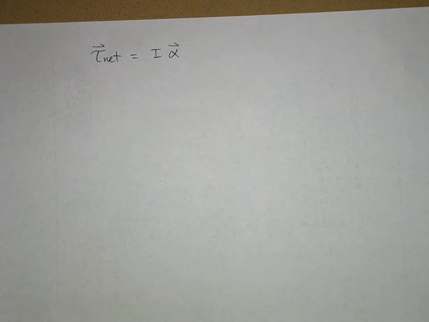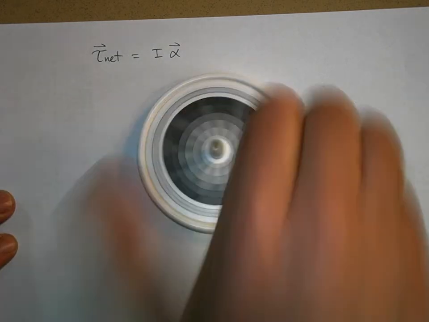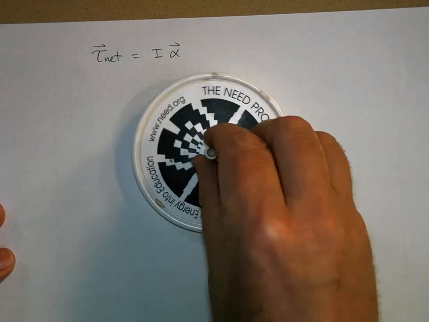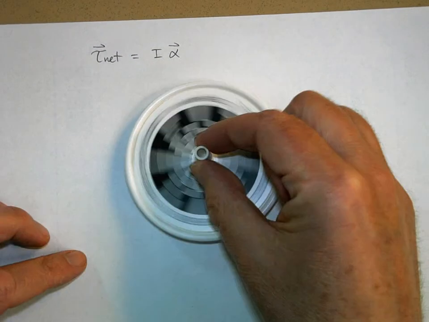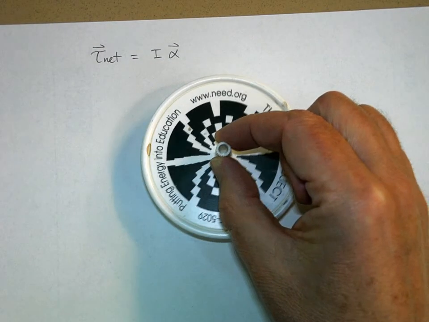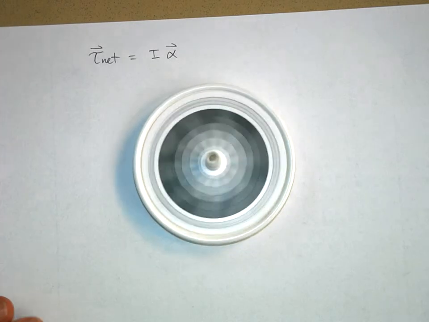Or if something is spinning and you apply some torque to it, it will stop spinning. Here, I applied a torque to this little top. I applied a torque, a force through a little distance, where my finger interacts with this, and it spins.